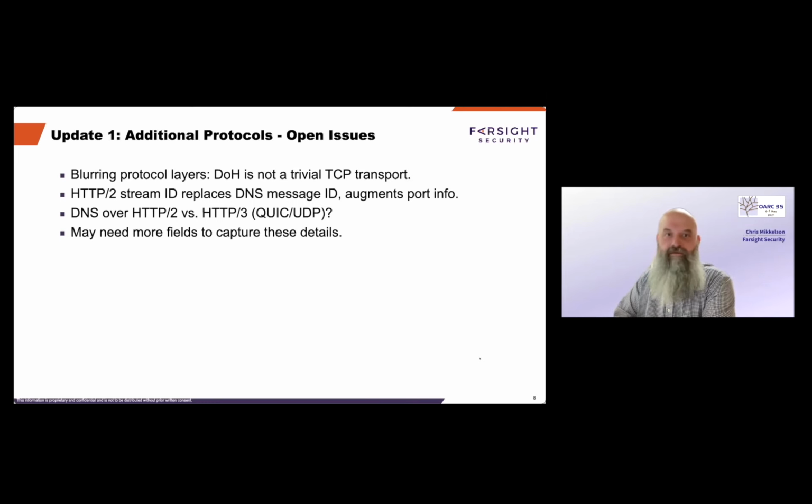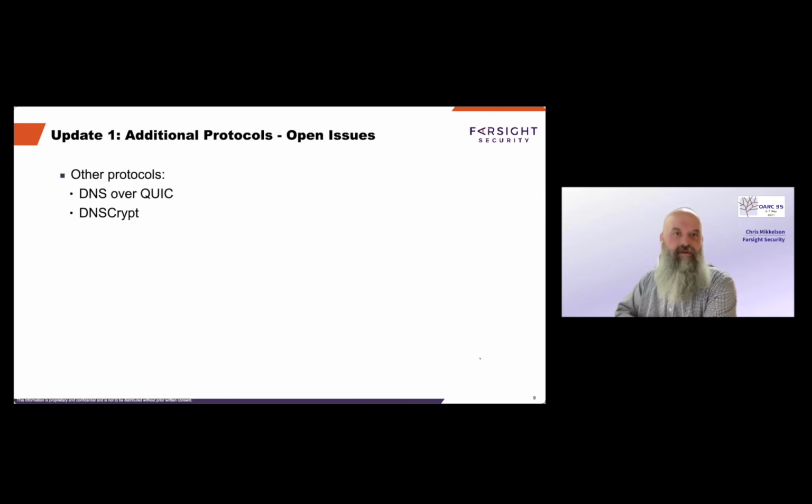And similarly, you might want to know what HTTP version is there. So we might need some more fields to capture these details. And that, of course, leaves out other protocols like DNSCrypt or other experimental protocols. Do we want to include those in socket protocol? Yeah, that is something that is open for discussion.